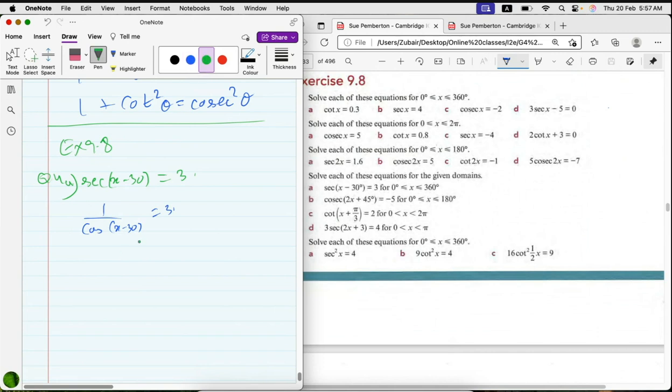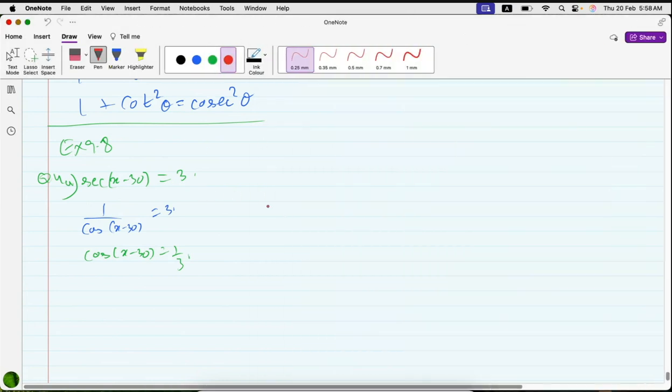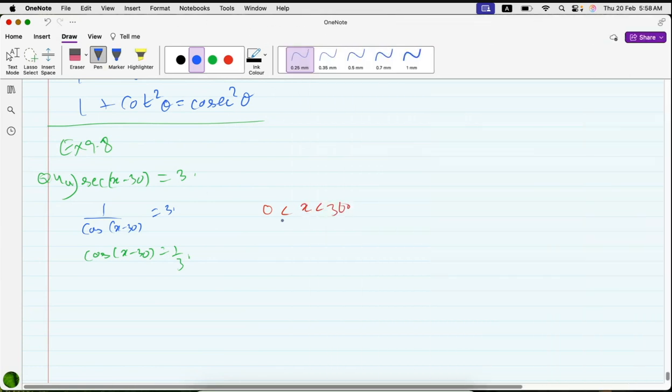I'm taking the reciprocal on both sides. So cos of x minus 30 is equal to 1 by 3. And this was from 0 to 360. 0 and 360, were they included? Yes. Now this is x minus 30, so this should be negative 30, x minus 30, and 330.